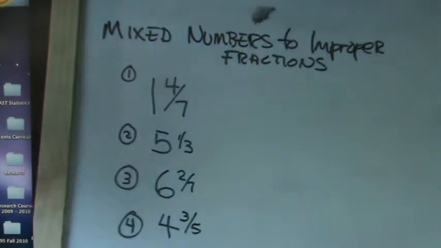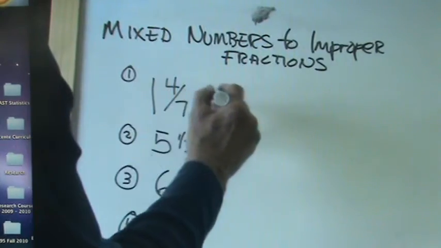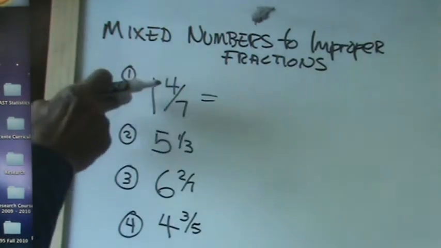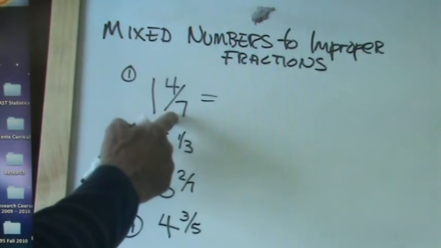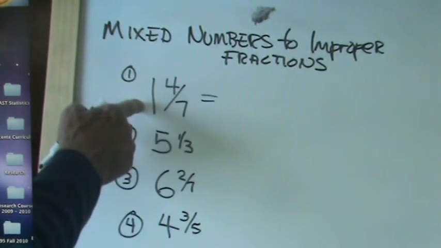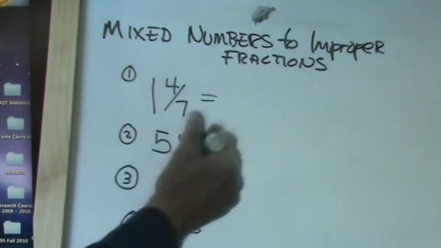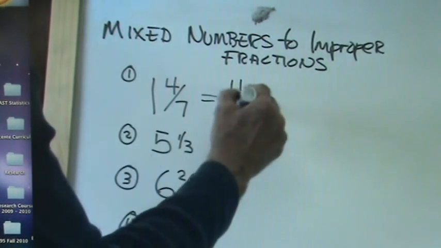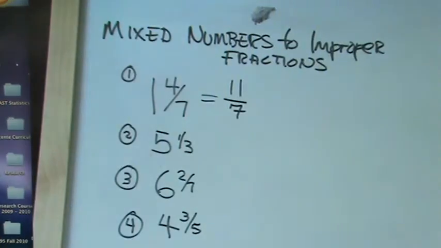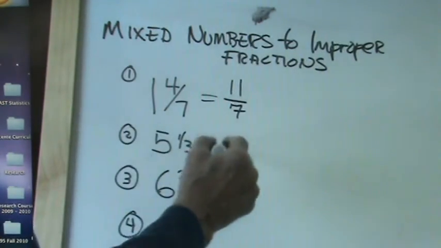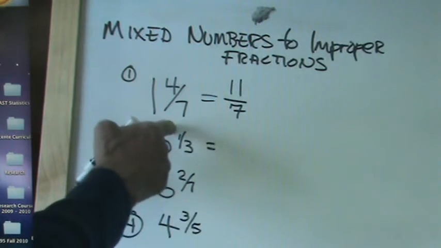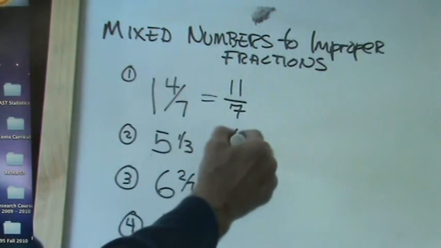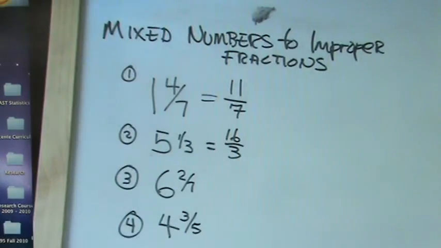Well, okay, let's see how we did. Let's take number 1 here. 1 4/7, and we want to change it to an improper fraction, so we multiply the denominator. 7 times 1 is 7, and add 4, that's 11. 11/7. Number 2, 3 times 5 is 15, plus 1, 16/3.